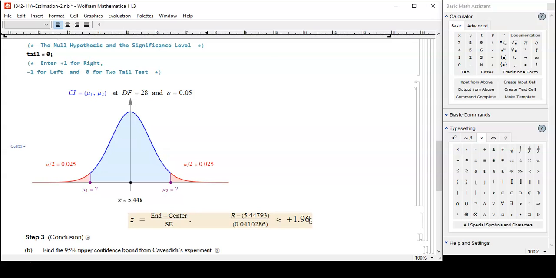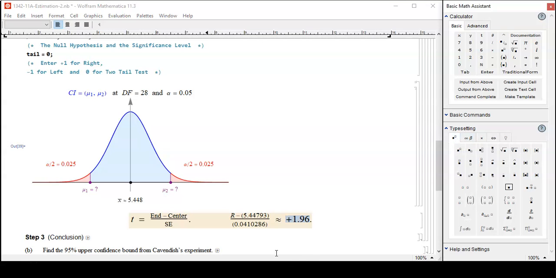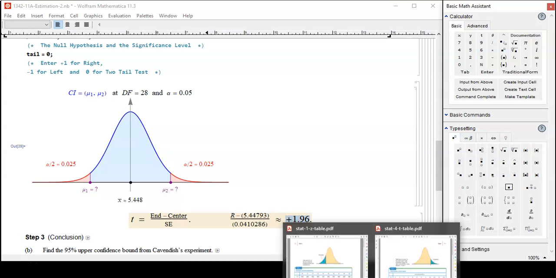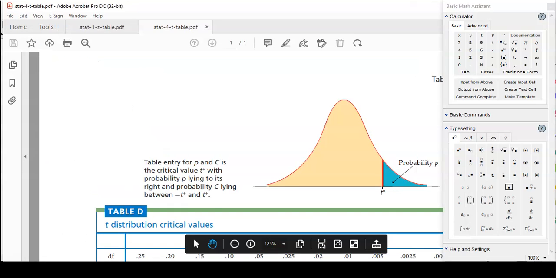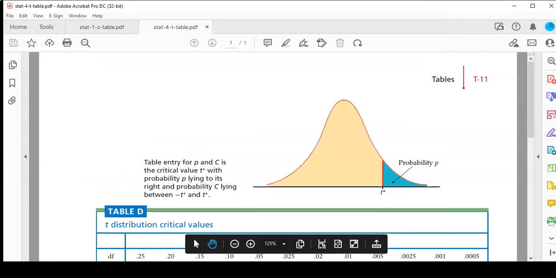Now, we're looking for the t-score for the t-distribution. So this should change to t, and this z-score will have to be adjusted accordingly. How do we do that? Well, we have to look up the correct table, the t-table. This is a t-table.